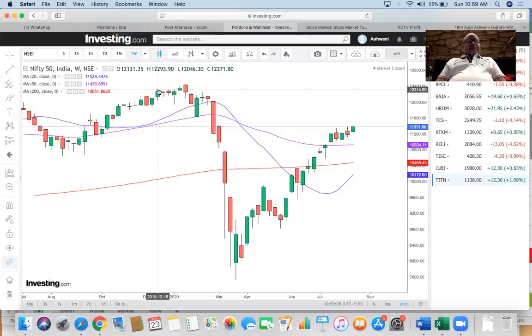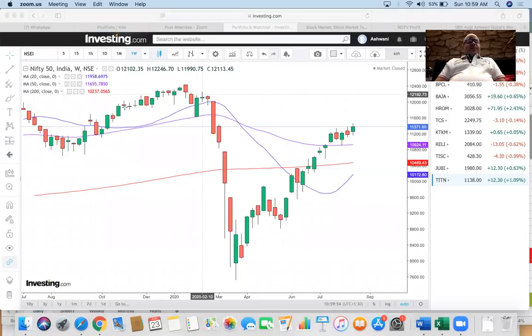I am doing this analysis right in front of you so that we can all see how these things are done. So the lows of these bars are about 11,850. Okay. So 11,850, 11,870 seems to be the sort of resistance point we could have for the swing trader.